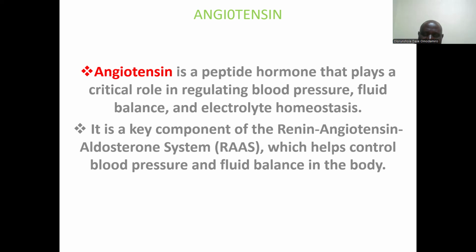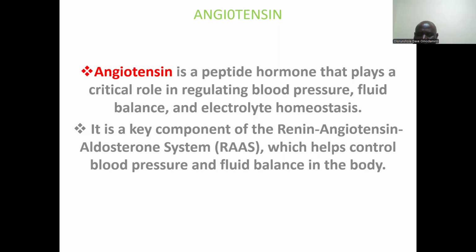And we are going to pay a little attention to angiotensin because of its involvement in blood pressure, fluid balance, and electrolyte homeostasis. Angiotensin is a peptide hormone that plays a critical role in the regulation of blood pressure, fluid balance, and electrolyte homeostasis.